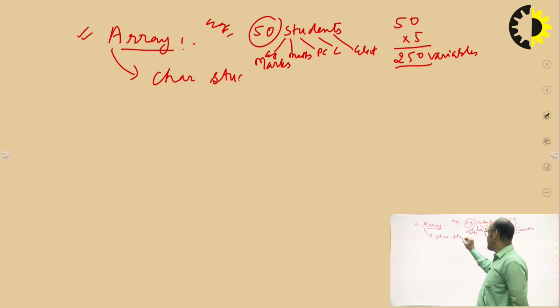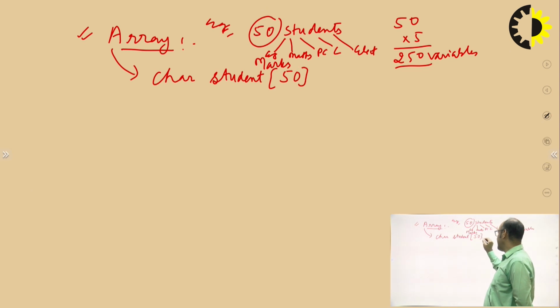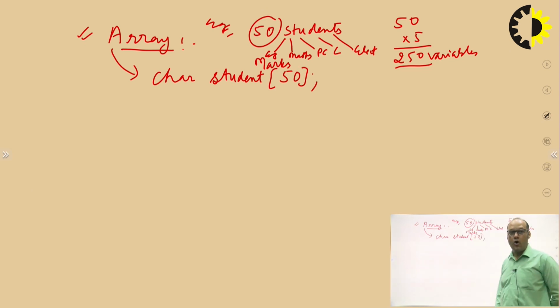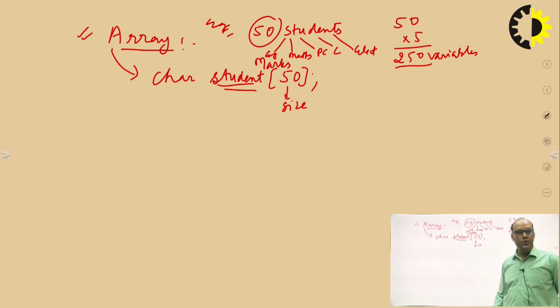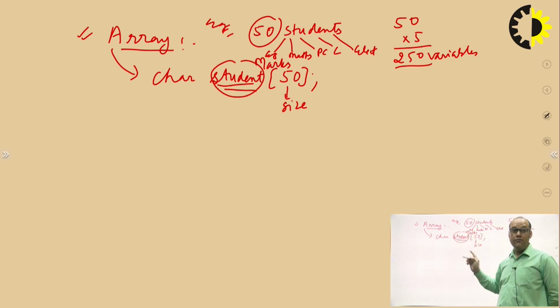The name of the variable is student, and in the square brackets I write 50. This 50 represents the size. So you can easily declare a variable with a single name, student. You need not take 50 variables now. You just declare a variable of array type.